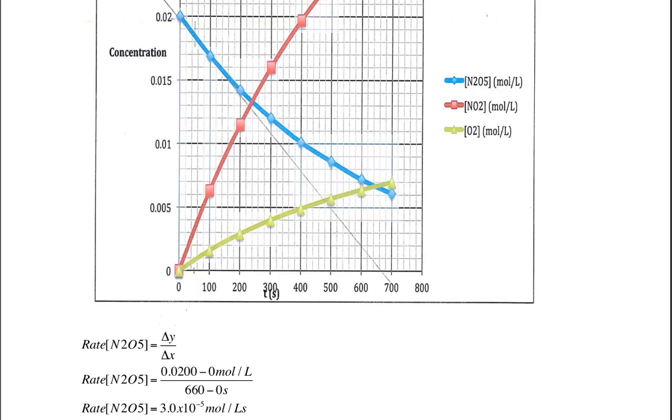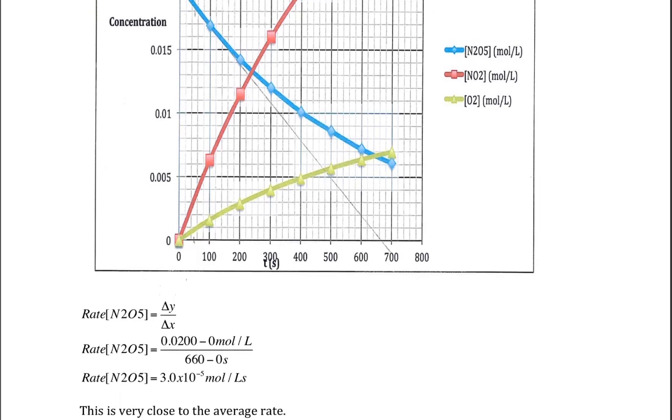The units would be the units for the y-axis divided by the units of the x-axis, moles per liter divided by seconds.